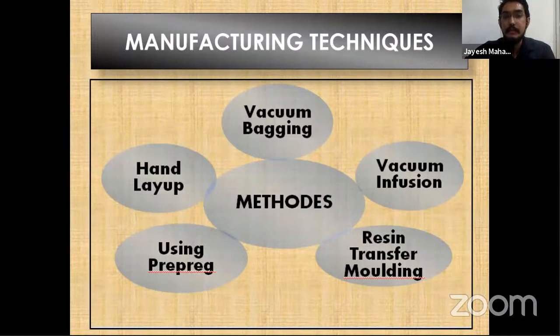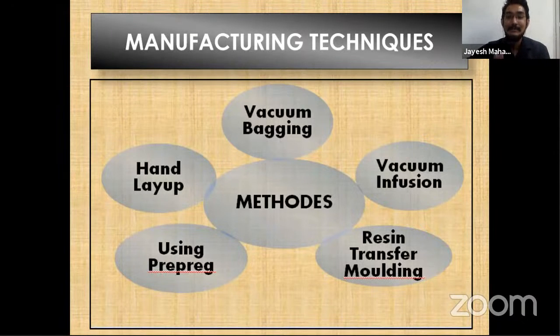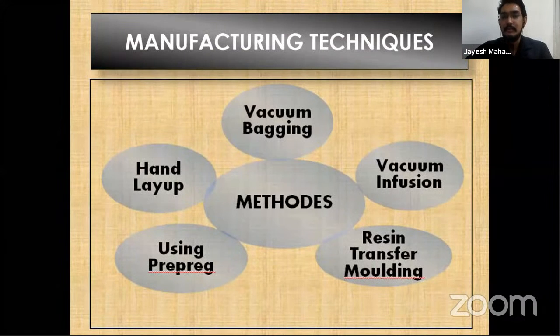In vacuum infusion, the pump sucks in the required amount of resin, and that takes care of everything. And if you are using prepreg or resin transfer molding, trust me, you have good sponsorship. We will not go into the detail of the manufacturing processes. If you have any doubt, you can ask in the comment section.